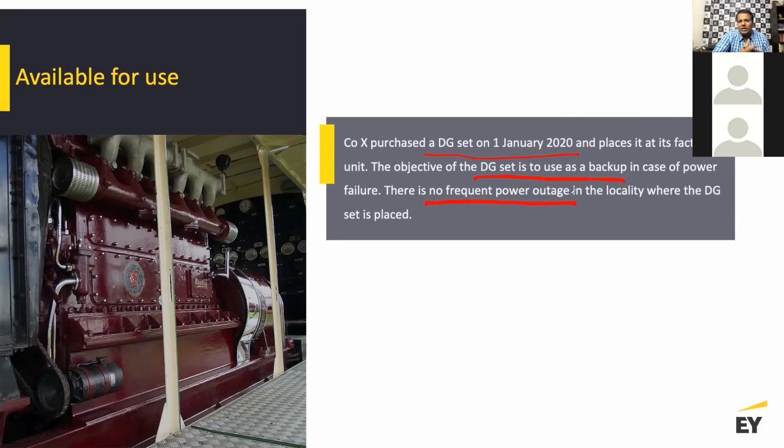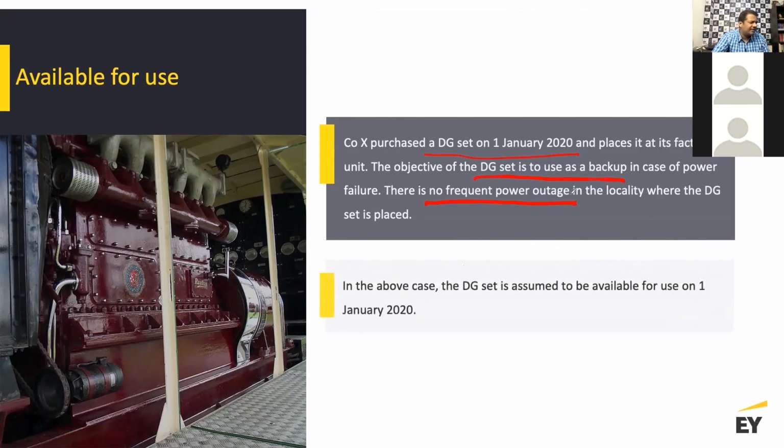So essentially, I have a backup equipment, but I'm not likely to use it because there is not expected to be too much power outage. But it is important for me to keep it because I am not able to control the power outage, and if I'm not able to control it, I need the backup to maintain my own production, or maintain my own need of power.